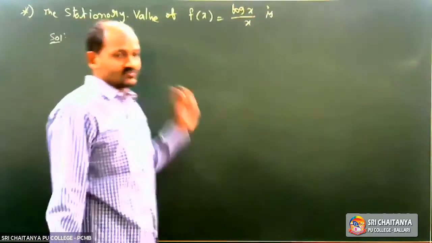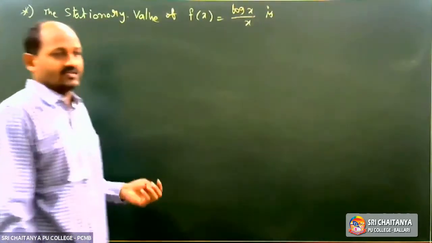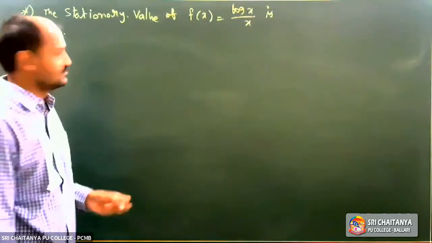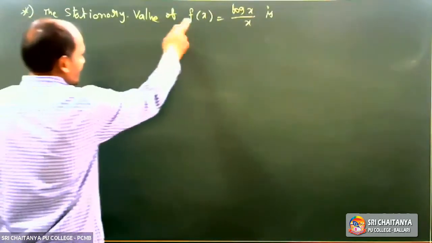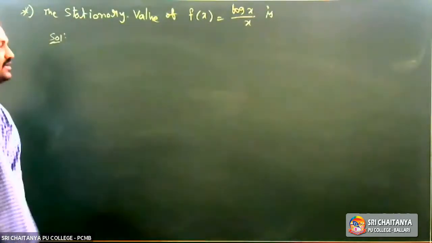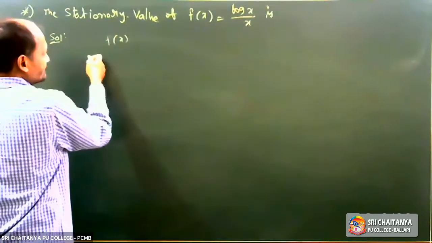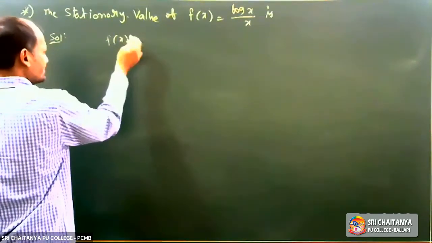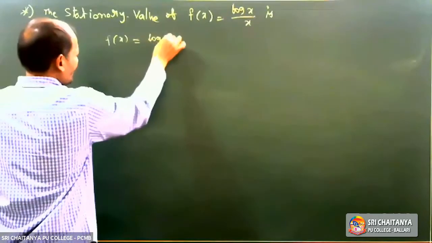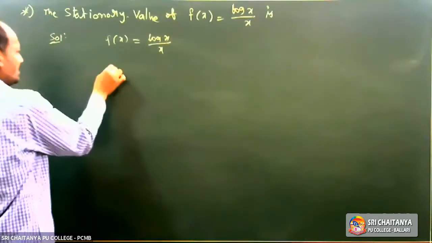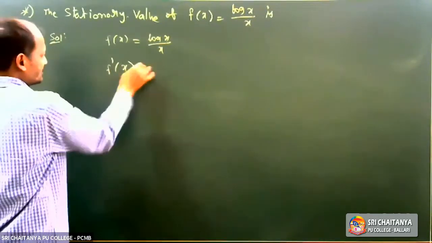Stationary point and stationary value are different. So here the stationary value of the function f of x is equal to log x by x. Find the derivative f dash of x.